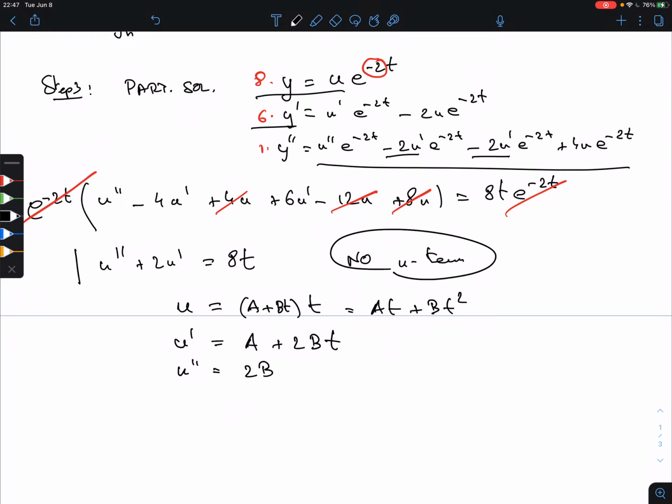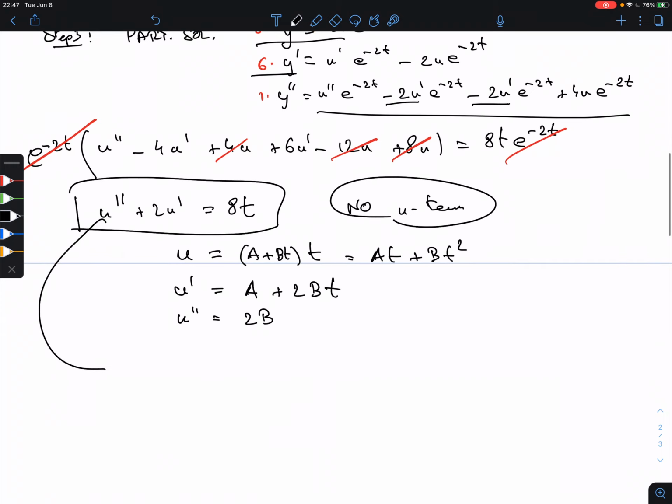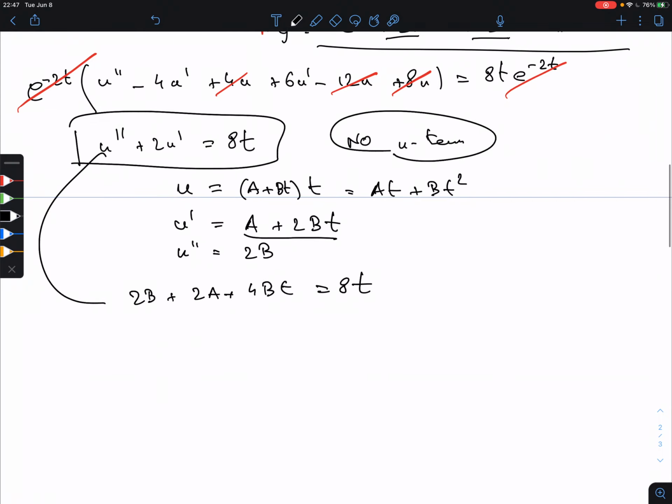And now we plug this into this equation. So that is 2b plus 2a plus 4bt, this guy, equals 8t. Okay, now we compare coefficients. Comparing coefficients from this side with this side, the linear coefficient is 4b equals 8.